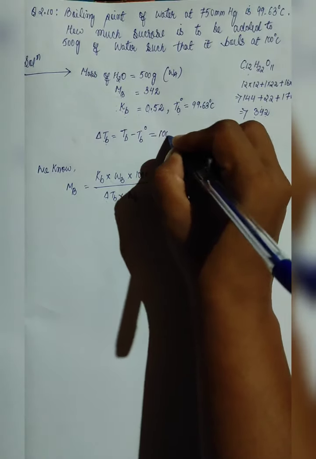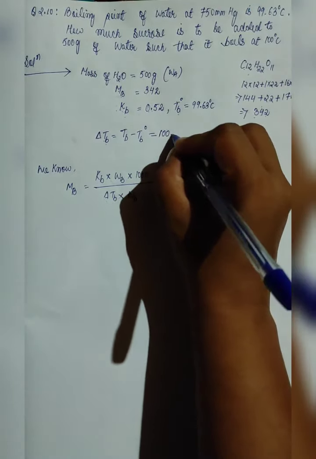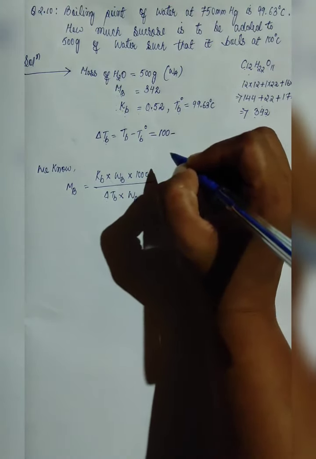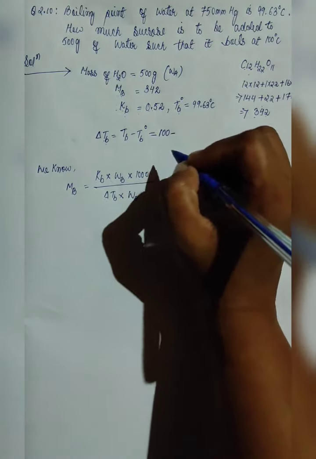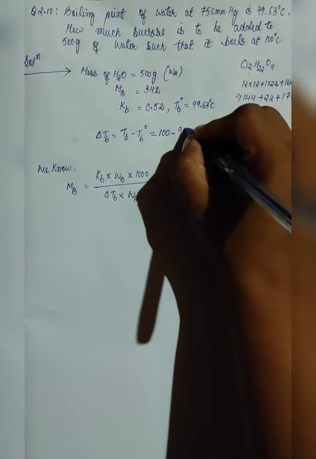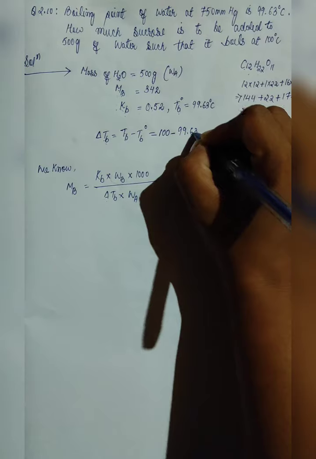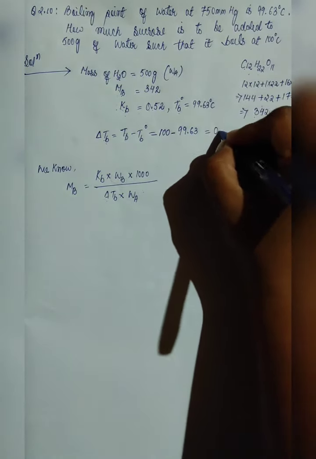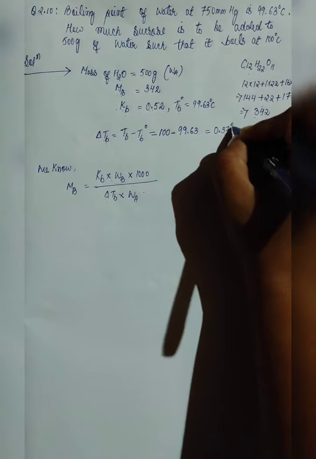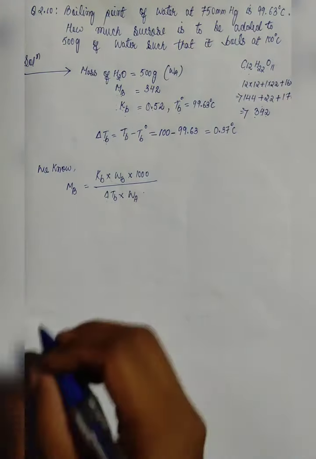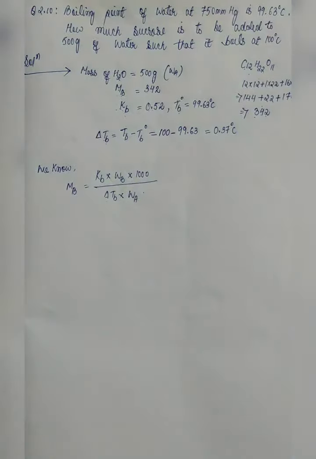Even in many cases, even if it is not mentioned, just assume it to be 100 because 100 is the normal boiling point of any liquid. So Tb 100 minus Tb0 is 99.63. So from here, upon calculation, we'll get 0.37 degrees Celsius.